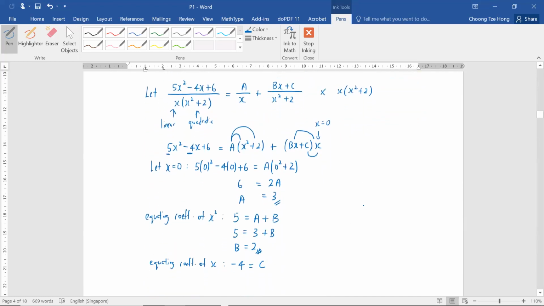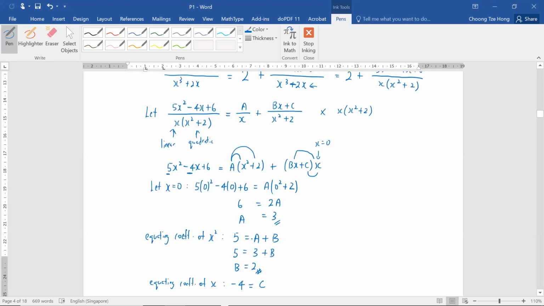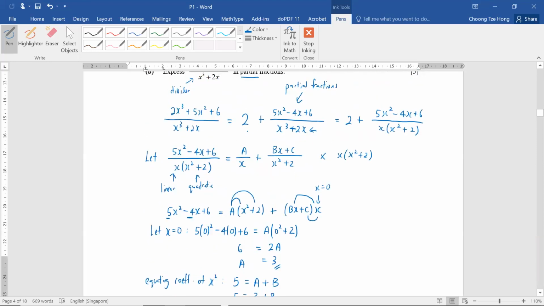So what we can write is, therefore, (2x³ + 5x² + 6)/(x³ + 2x) will be equal to 2. Don't forget there's a 2 in front here. Then you split this one up into this.